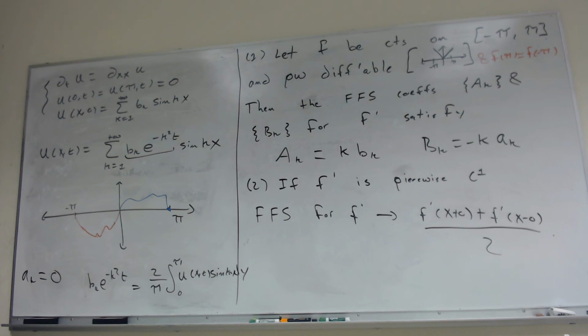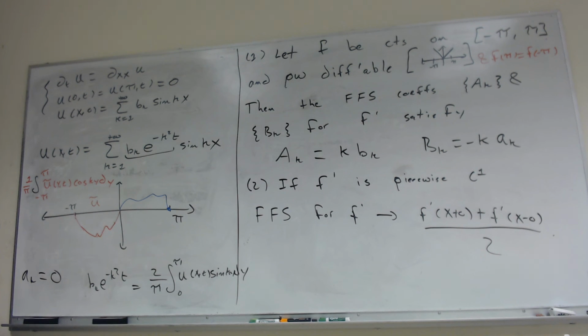Well, the first thing to think of, if I look at the cosine coefficients for this function, okay, so I'm going to say u tilde is the extension. So u tilde is the extension. The Fourier coefficients are given by the integral from minus pi to pi, 1 over pi, we're going to have u tilde of y times cosine of ky dy.